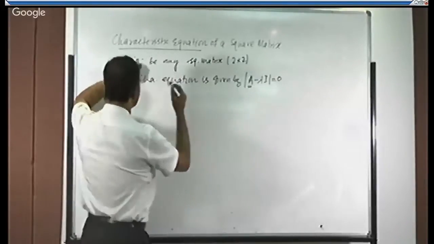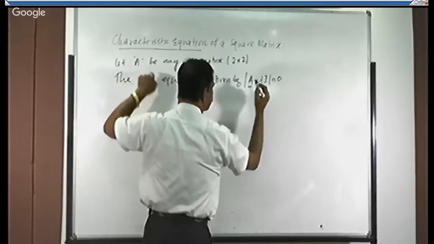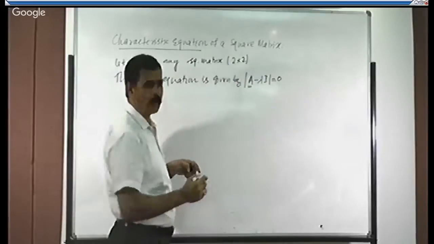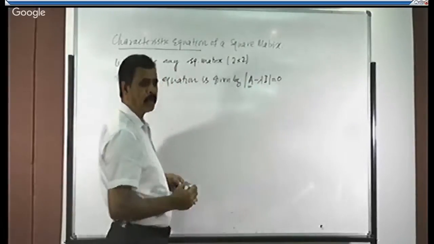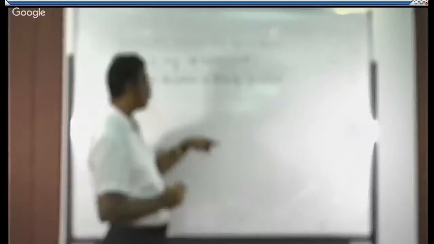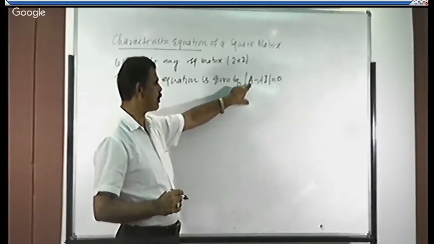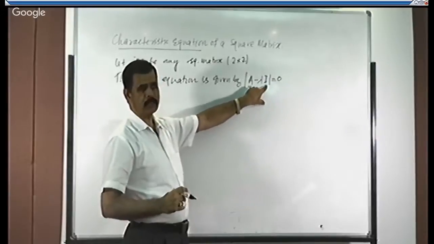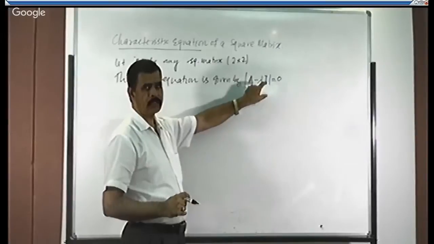A is the given square matrix. Lambda is some unknown. I is the identity matrix of order equal to the order of A. Suppose if A is 2 cross 2, I is also 2 cross 2. If A is 3 cross 3, I is also 3 cross 3.